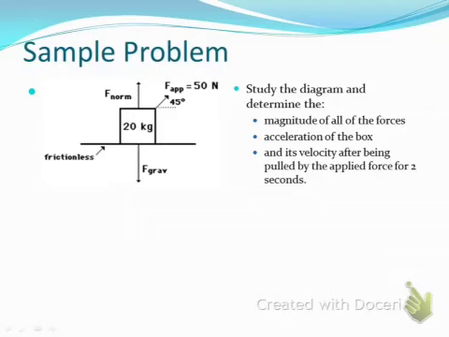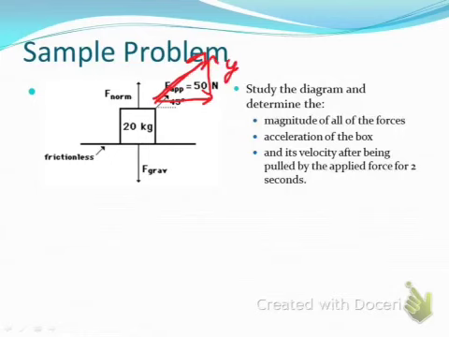Let's start with finding the magnitude of all of the forces. Remember with vectors, anytime I see a vector, I want to split it into components. So I'm going to start with that applied force right there. We've got 50 newtons acting at a 45-degree angle. I'm going to take that, exaggerate it a little bit just so I can draw my triangle.